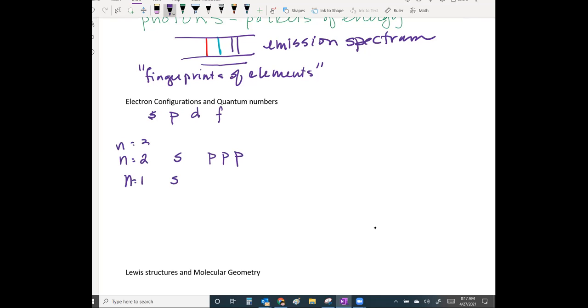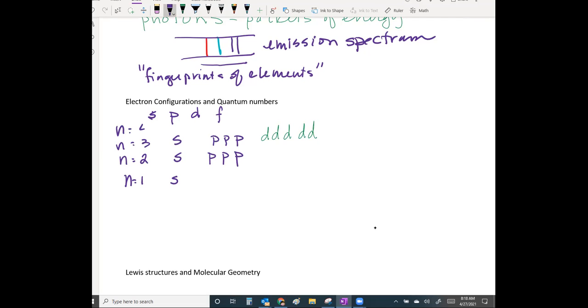The third energy level has one s orbital, 3 p orbitals, and it has 5 d orbitals, but I'm going to put those in a different color because in a minute we're going to talk about that.